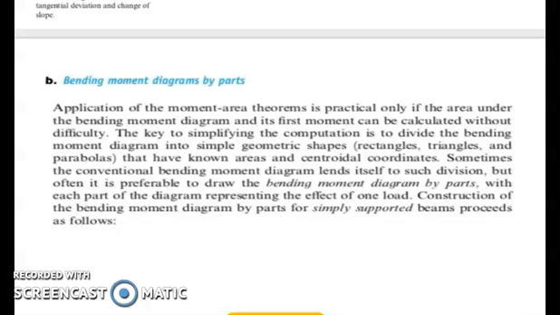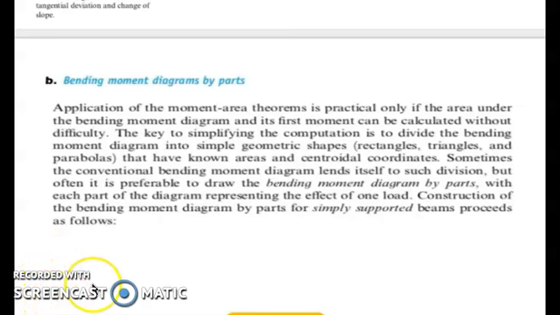It can be rectangle, triangle, and parabola that have known areas and centroidal coordinates. Sometimes the conventional bending moment diagram lends itself to such division, but each part of the diagram representing the effect of one load.